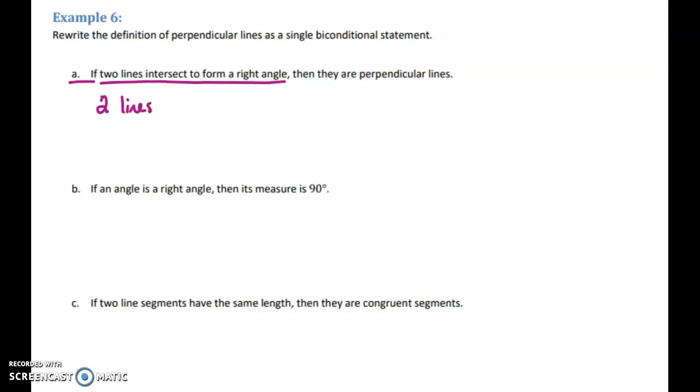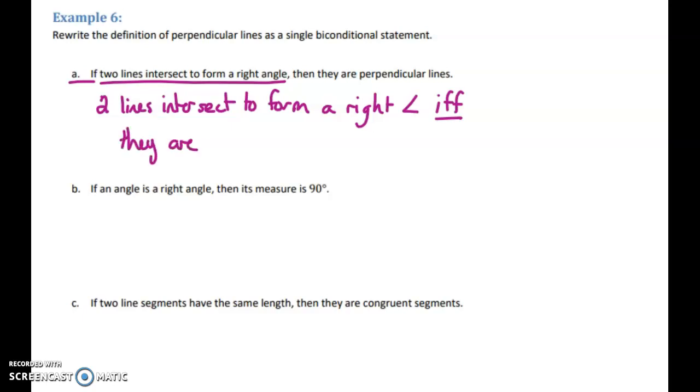So two lines intersect to form a right angle if and only if. Biconditionals always use if and only if, and remember that is how we can abbreviate it. And that's not something I made up, it's standard within all mathematical proofs. So two lines intersect to form a right angle if and only if the conclusion is they are perpendicular lines, I'm going to use the symbol.